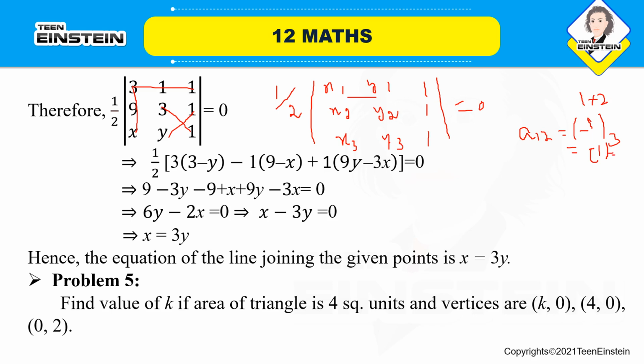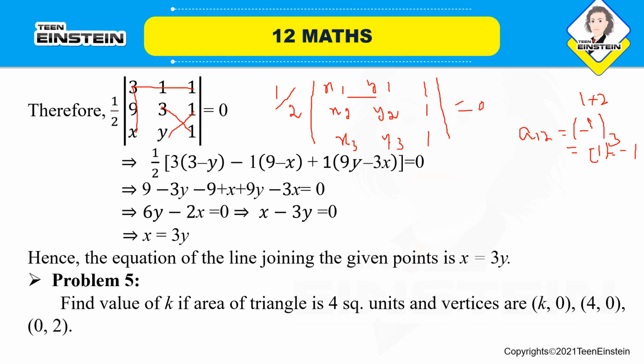So minus 1 into the matrix (9, 1; x, 1): in the downward arrow this is 9, minus in the upward arrow x. Plus in the 1 3 position we have the element 1, so 1 into (9y minus 3x). 9y minus 3x equal to 0.